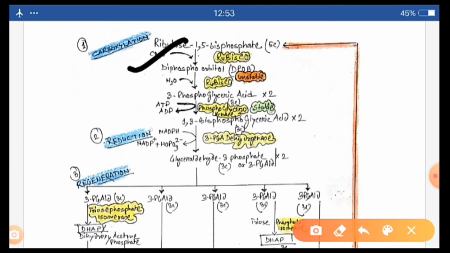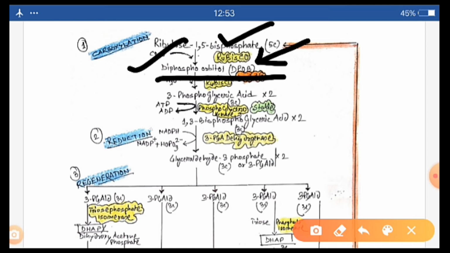Carbon dioxide reacts with 5-carbon ribulose 1,5-bisphosphate in the presence of the enzyme Rubisco, and as a result of that, one unstable 6-carbon compound is formed, and the compound is diphosphoorbital, or we may say DPOB.